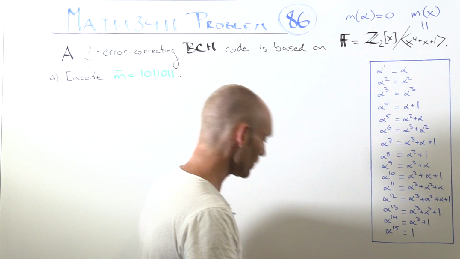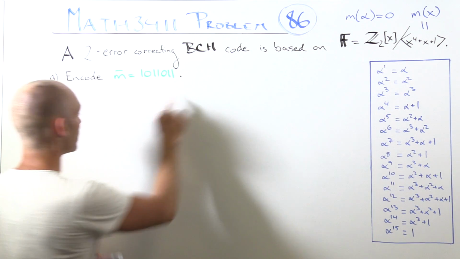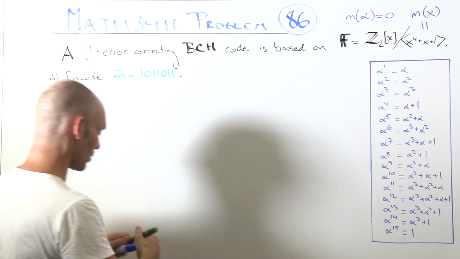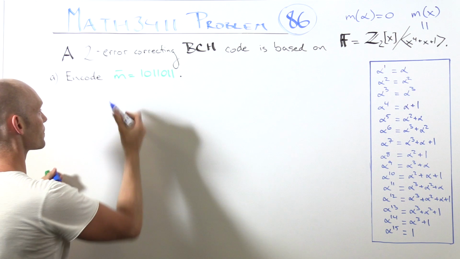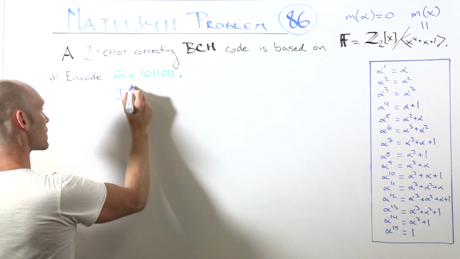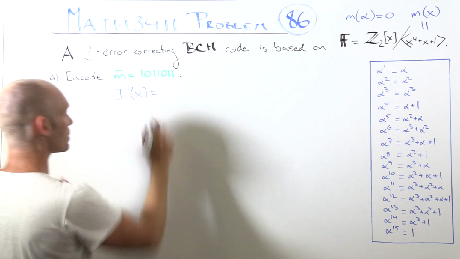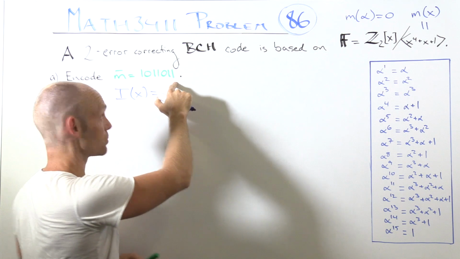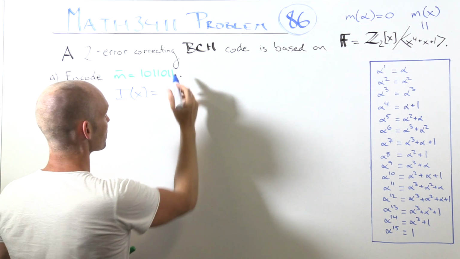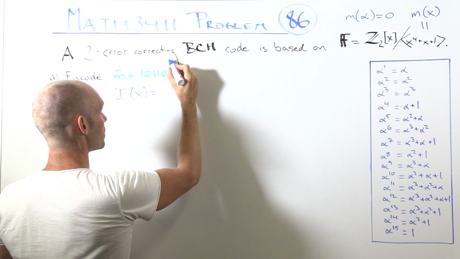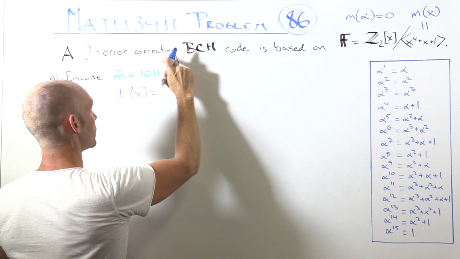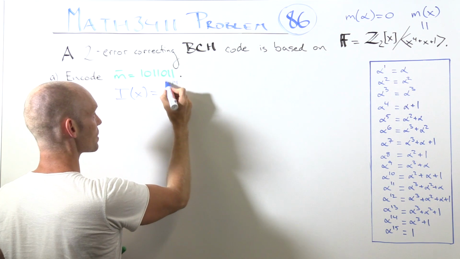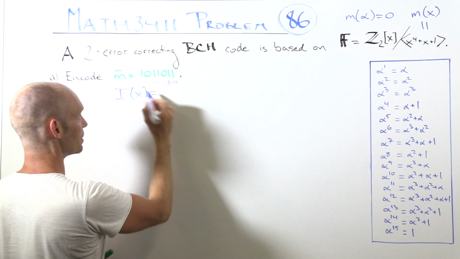Now, to encode a code word, we first find a polynomial, the information polynomial, I. The way that we do that is that we see these zeros and ones as coefficients of this polynomial, where the very right-hand one is for the 14th coefficient, and we count back in this way.